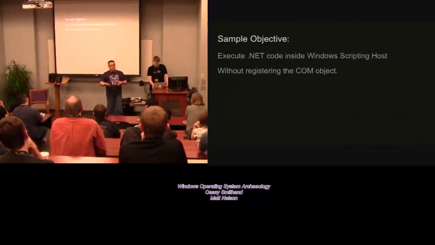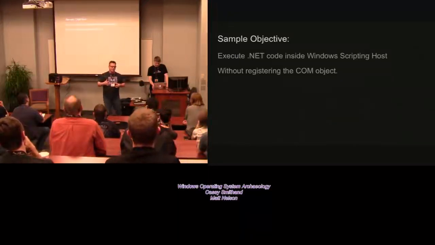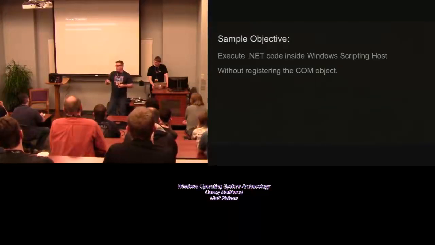But if I can get VBScript to load my .NET assembly, which gives me full access to the Win32 API, now I can run shellcode in JScript or VBScript, and that's interesting to me. That's what these 2 or 3 tactics allow us to do with a COM object. So imagine somebody runs reg SVR32, it reaches out, pulls down a text file, and executes shellcode. That's the capability we're talking about here.